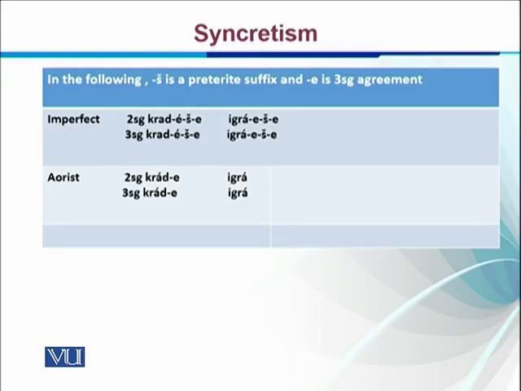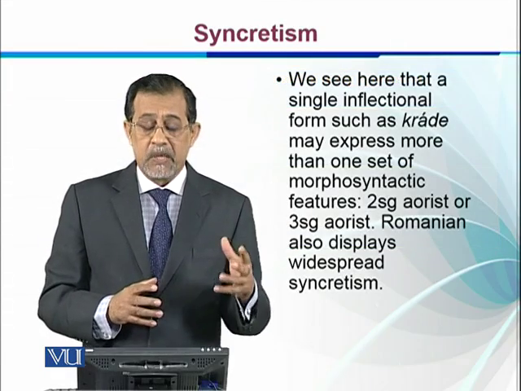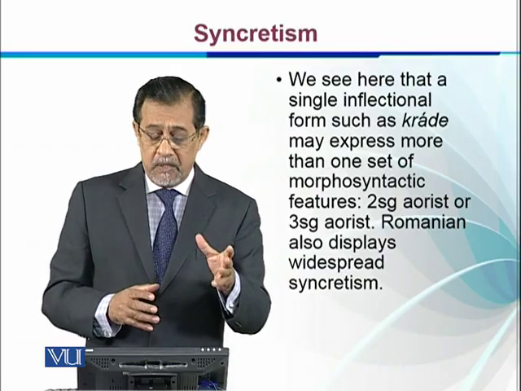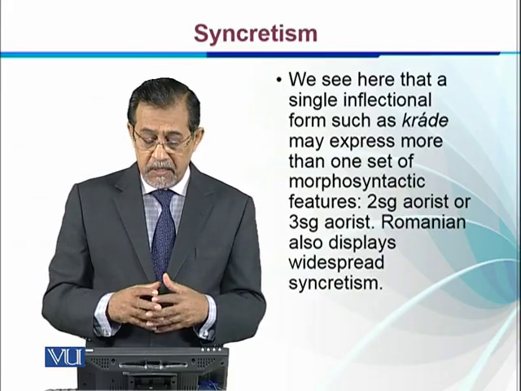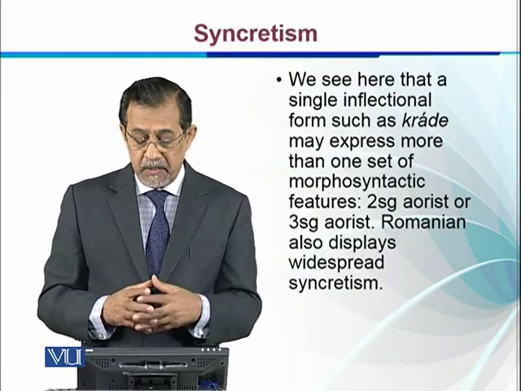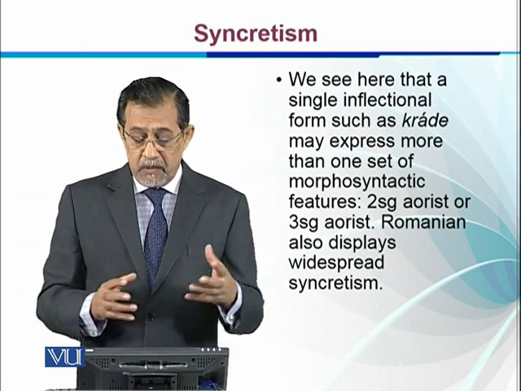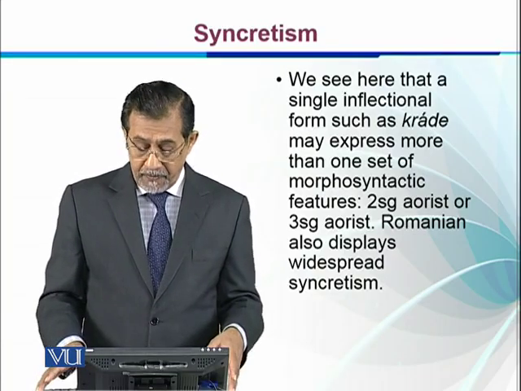We see here that a single inflectional form such as crede may express more than one set of morphosyntactic features, second person and third person. Similarly, second person singular aorist or third person singular aorist. Romanians also display widespread syncretism.